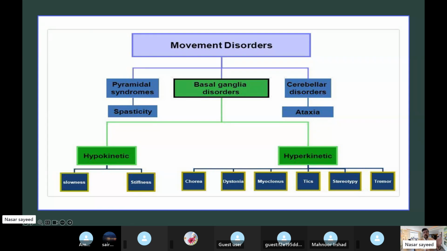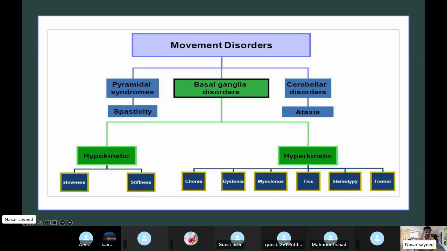Now, if it is hyperkinetic or hypokinetic related to the basal ganglia, then there are various possibilities. Hypokinetic means slow movements. So it could be stiffness or it could be slow movements. And hyperkinetic leads to maybe the diagnosis is chorea, dystonia, myoclonus, tics, stereotypy, or tremor. So if you're seeing a tremor, then this means that this is a hyperkinetic disorder, which is secondary to the basal ganglia, leading to a movement disorder.